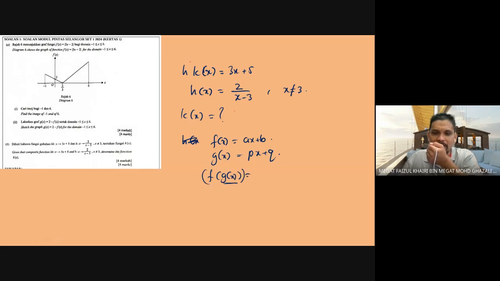The function inside, g(x), we are going to substitute the whole function of g(x) into x of the function f. Okay, I repeat, for this kind of function, the function g is inside. So the process is we substitute the whole function of g(x) into x of the function f.